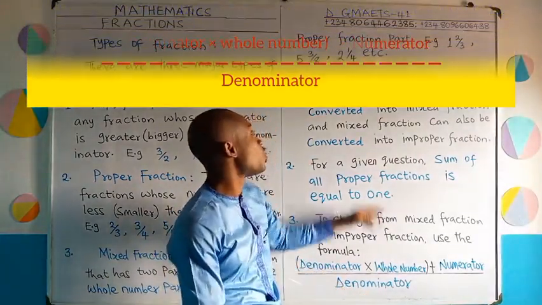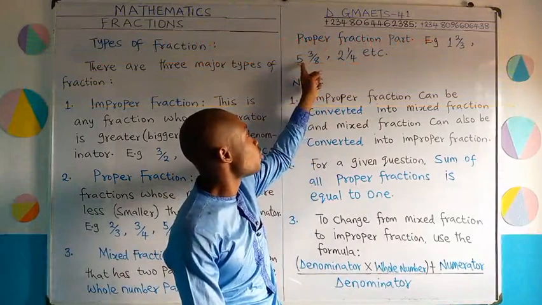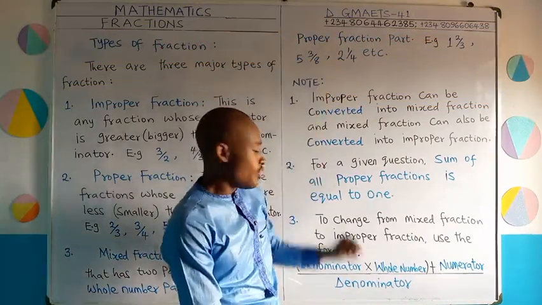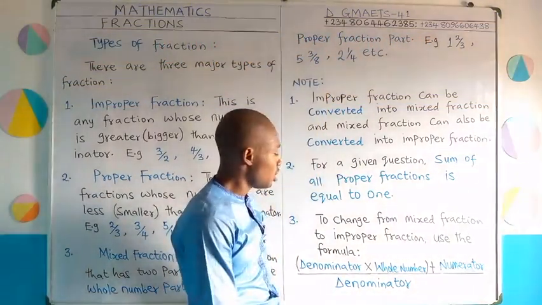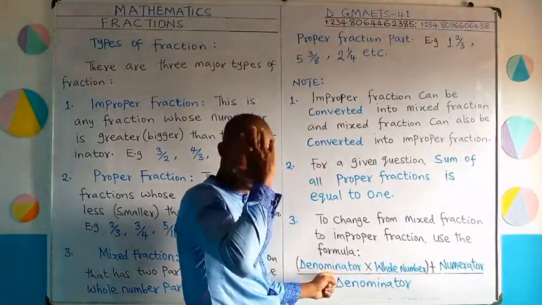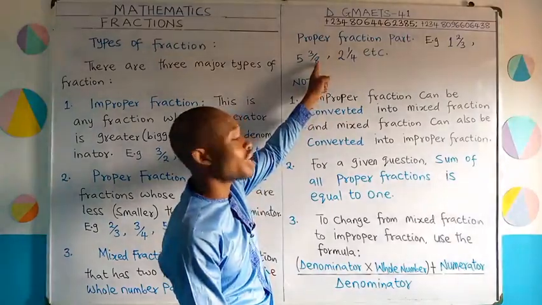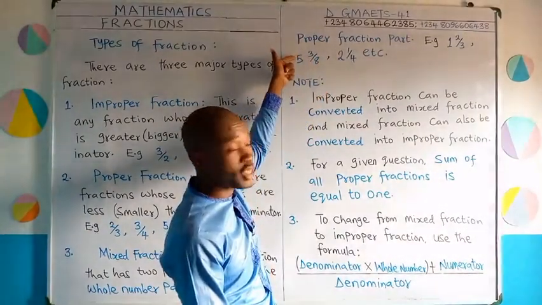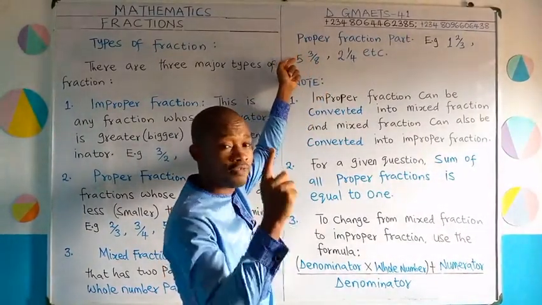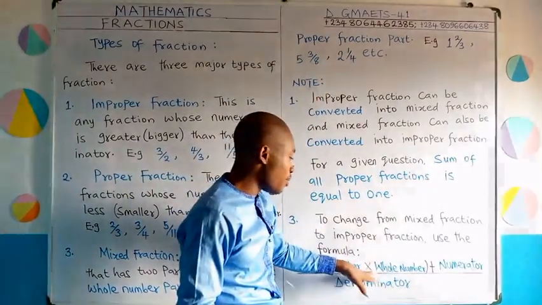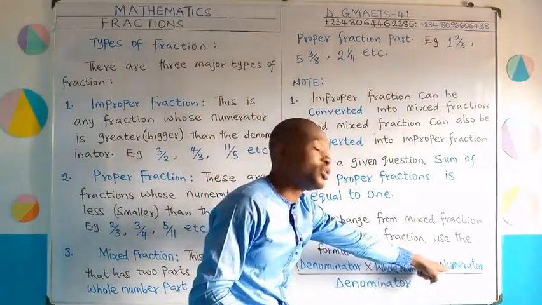Let me quickly show you one. For example, in this 5 whole number 3/8, if I want to convert it to improper fraction, I will use this. Denominator times whole number. The denominator is 8 times the whole number is 5. 8 times 5 will give me 40. Now what you get from that multiplication, add it to the numerator.